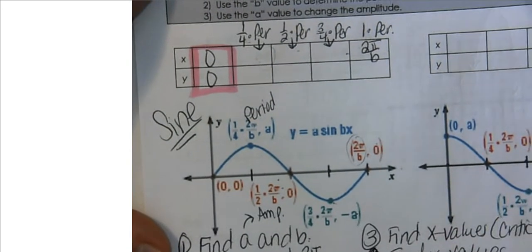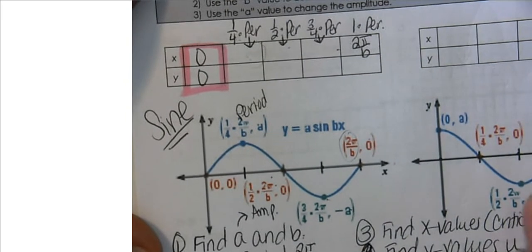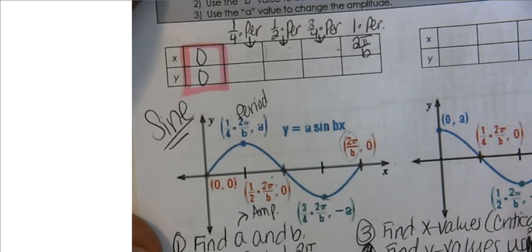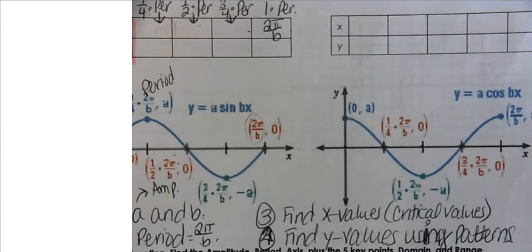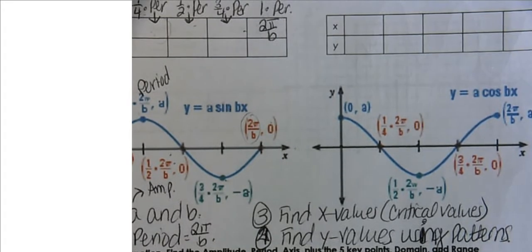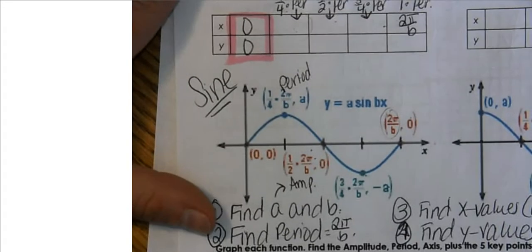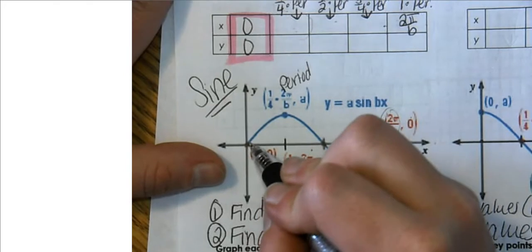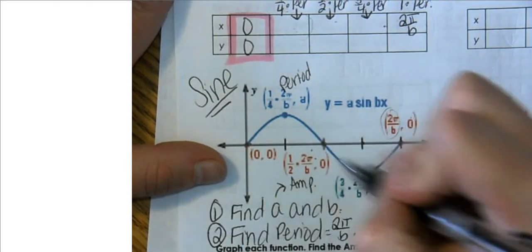And for finding our y values, we're going to use patterns. So find y values using patterns. So remember that sine has its own pattern. The pattern is that it starts at 0 and it goes 0 up, 0 down, 0.